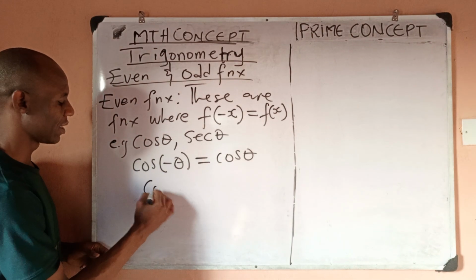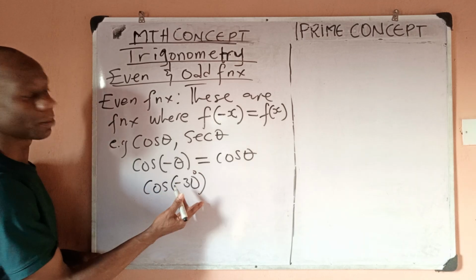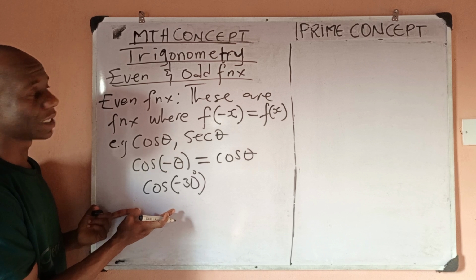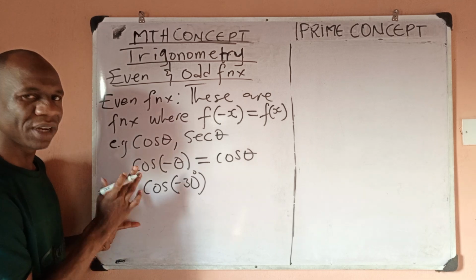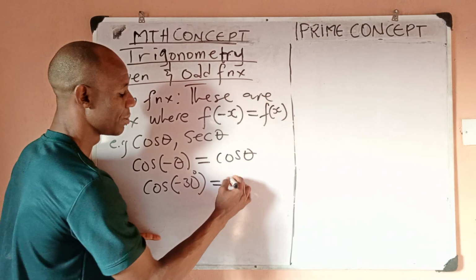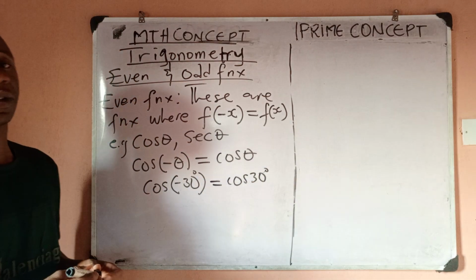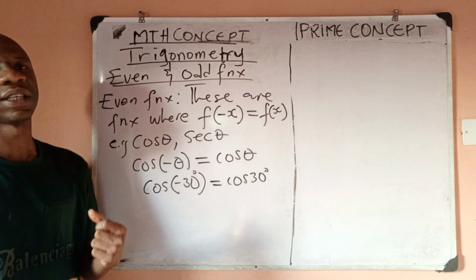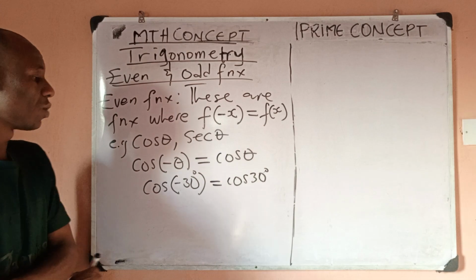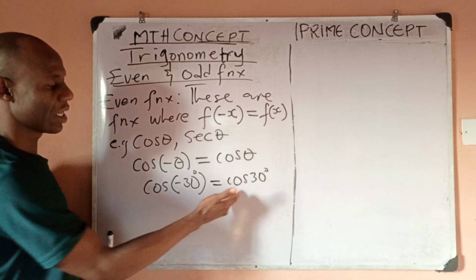Also, if I have cos negative 30 degrees, for example, knowing that cos is an even function, I would simply know that cos of minus 30 is actually the same thing as cos 30 degrees. So I don't even have to think of the minus again.